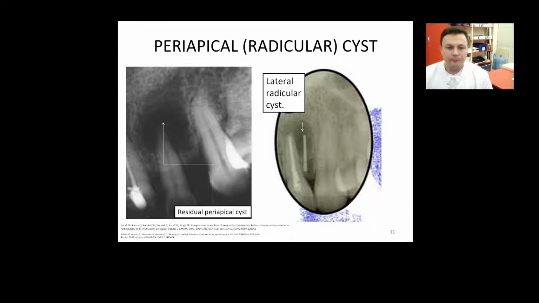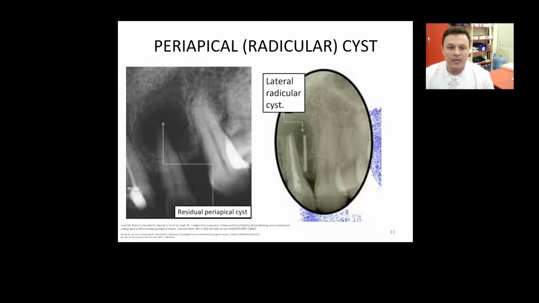A periapical cyst is a cavity formation with an epithelial lining of inflammatory genesis located in the periapical region of a non-viable tooth. The presence of an epithelial lining is a characteristic feature of odontogenic cysts.